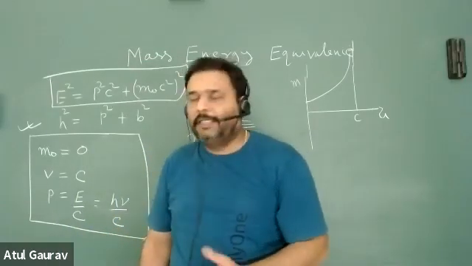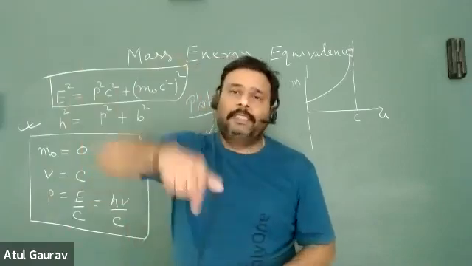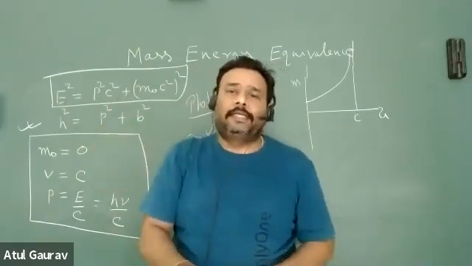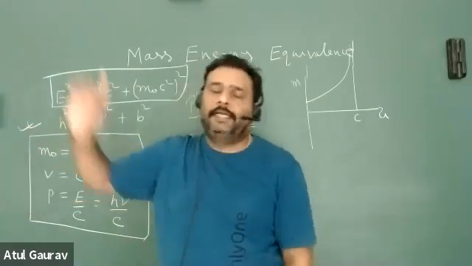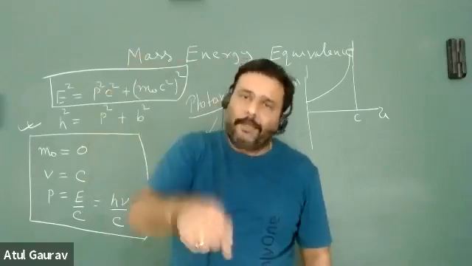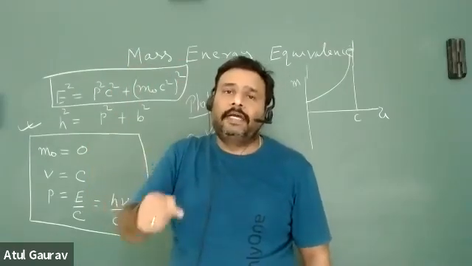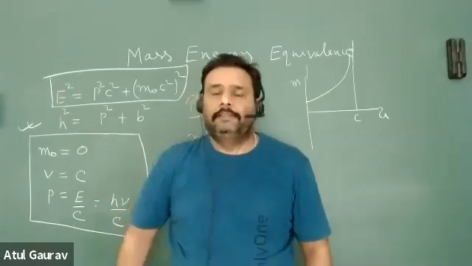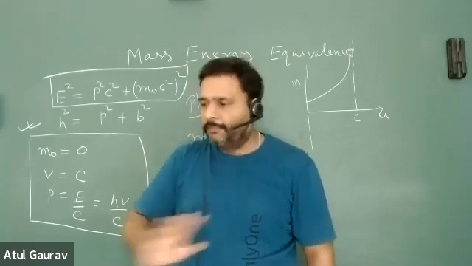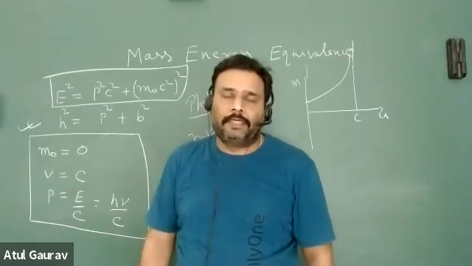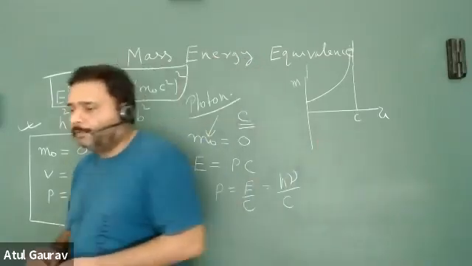So that is why we added in the postulates that any material particle cannot have a speed equal to the speed of light. If a particle has mass, then its speed is less than c. But if it is massless, then obviously it will move with the speed of light. And this is the wonderful thing we are getting from this equation.